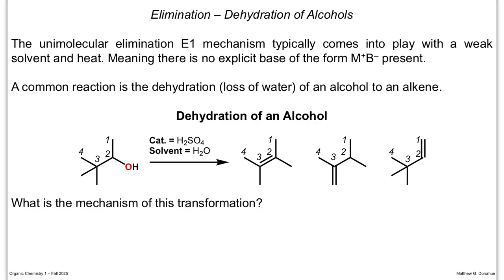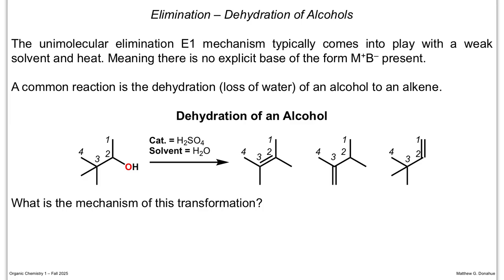So unimolecular elimination, again, the one means the rate is only dependent upon the substrate with the leaving group. So typically with these type of reactions, we're using either an alcohol or an alkyl halide with some solvent and then usually heat. So these conditions, even though we're just showing elimination products, can show some sort of substitution as well.